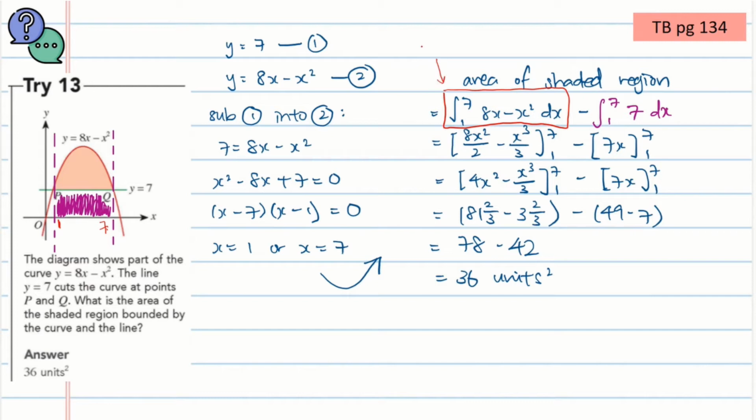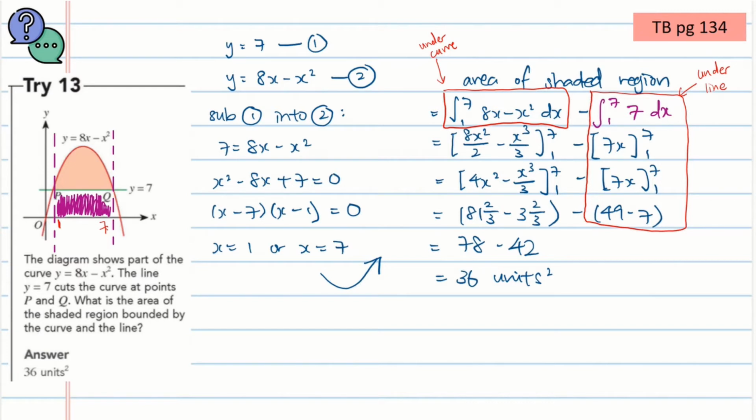Okay, so under the curve, minus away under the line. Alright, and then you would be able to solve your usual definite integrals and have the answer to be 36 units squared.